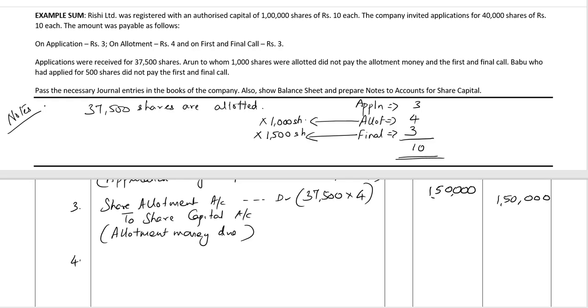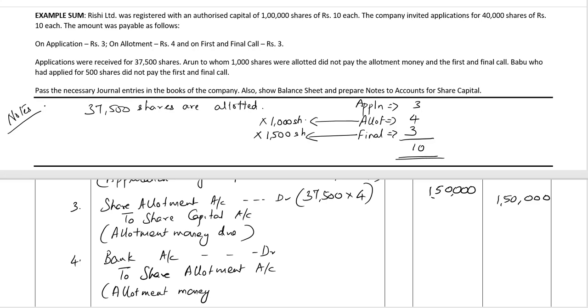The fourth entry is for receipt of allotment money, bank account debit to share allotment account for allotment money received.